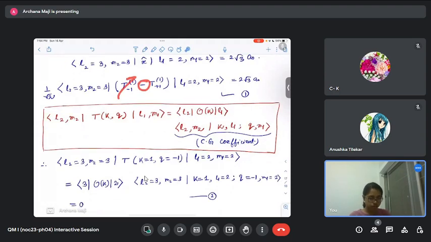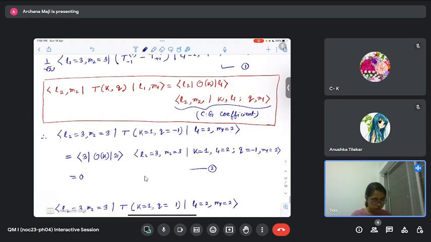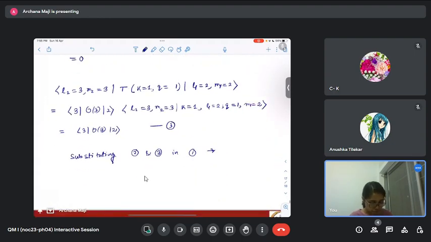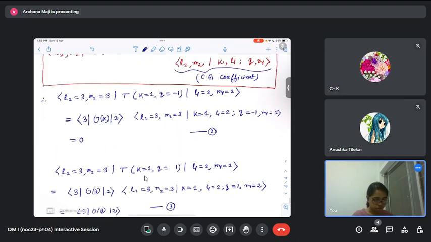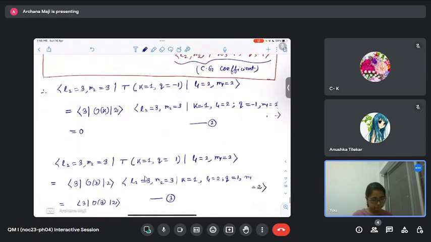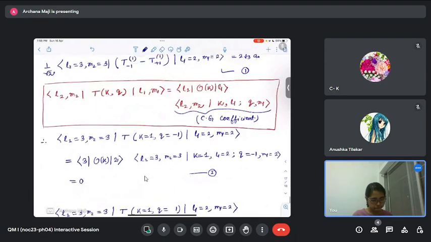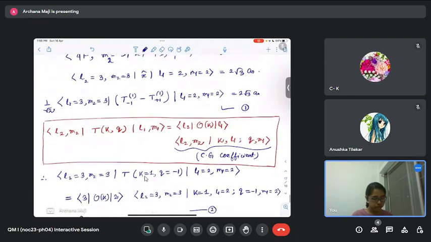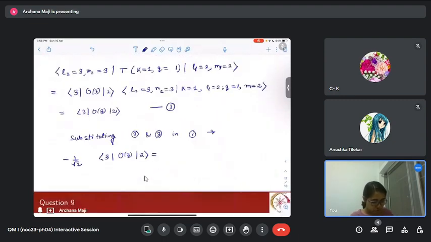This is 0, we have seen. So we get minus 1 over square root 2, 3 is equal to the right hand side, 2 square root 3 is 0.